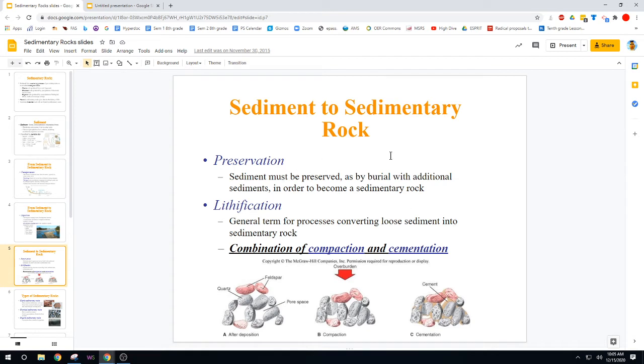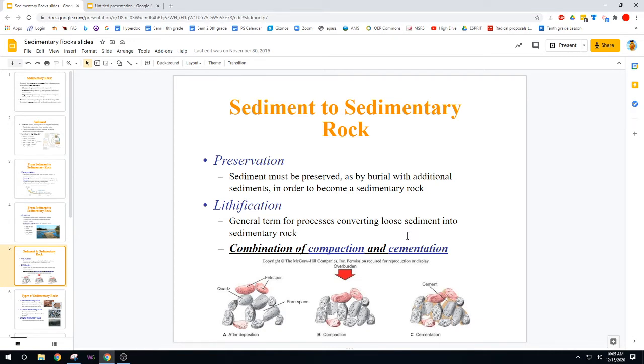If we take a look at sedimentary rock, sediment must be preserved, and this is by the burial and addition of more sediment. This is where you are going to find fossils. The only place that you are going to find a fossil is in sedimentary rock. Lithification is the general term for converting the loose sediment into sedimentary rock.